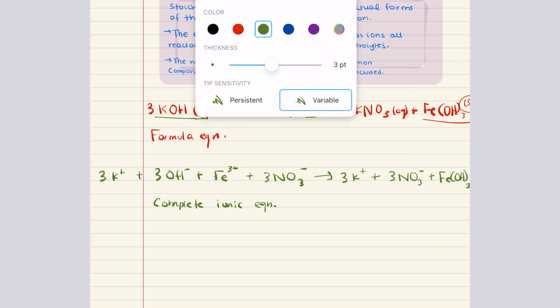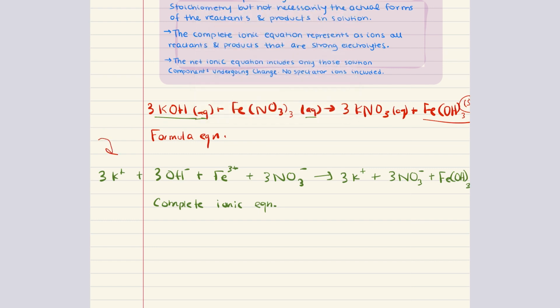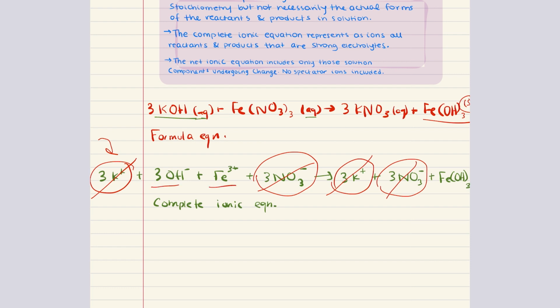So looking at our complete ionic equation, 3 potassiums appear both in the reactants and the products. So we wouldn't want to write that in our final net ionic equation. Additionally, we have 3 nitrate ions in both the reactants and the products, so we can go ahead and get rid of those. What we're left with is 3 hydroxide ions, an iron 3 plus ion, and of course our insoluble precipitate iron 3 hydroxide.